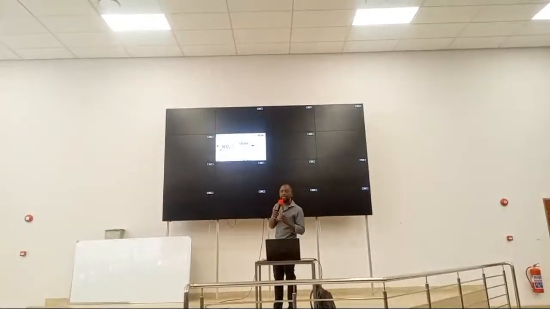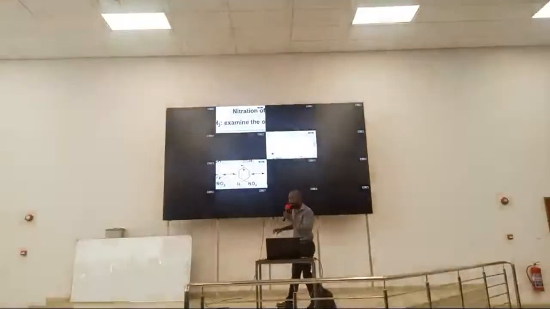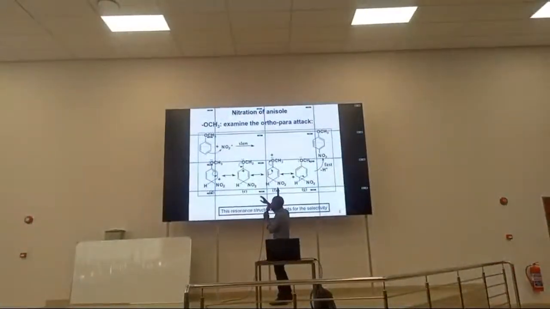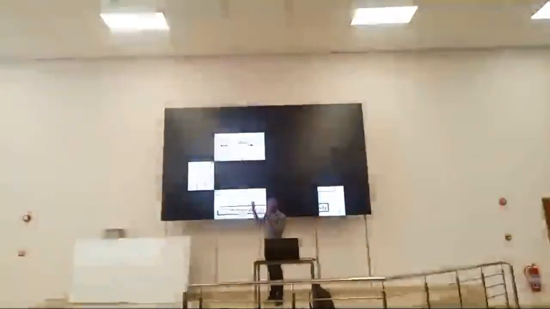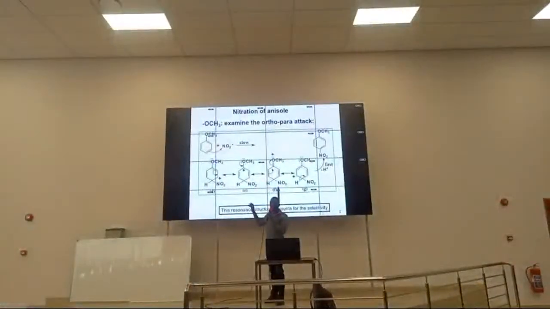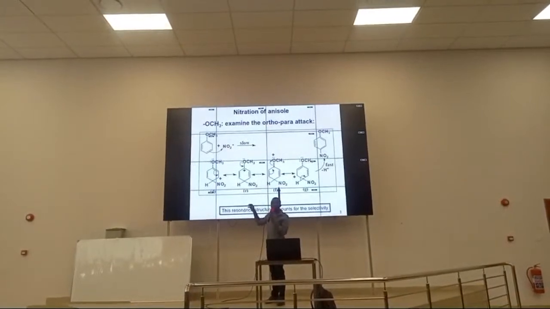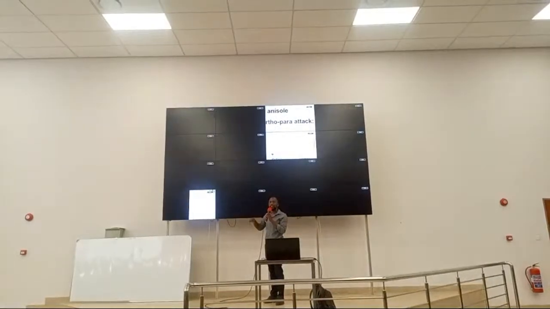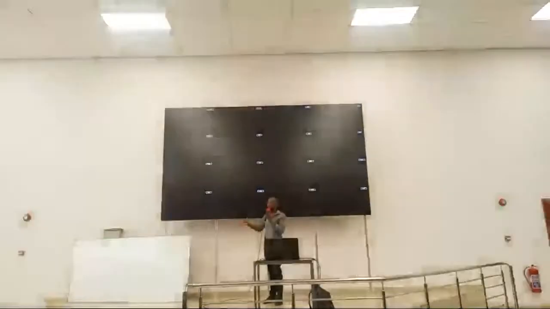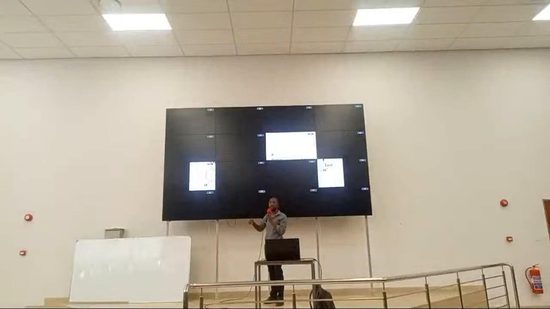Okay, so in this case, you can see that we have 4 resonance structures. When you have 4 resonance structures, it means that carbocation is more stable. So the methoxy is an activating group. Apart from being an ortho-para director, it activates the benzene ring system towards electrophilic aromatic substitution.